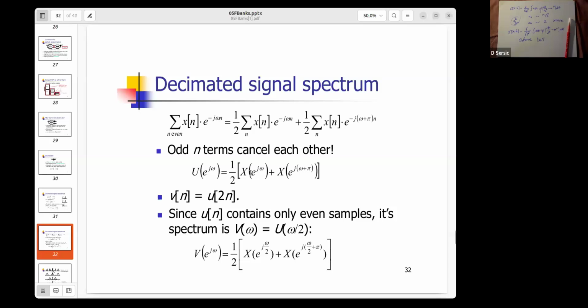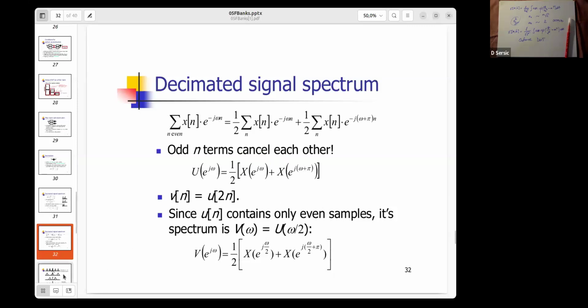One effect is that beside the normal term, we have what we will call the aliasing term, the term where the original spectrum is shifted. So you have to add them together. And finally, you have to divide omega by 2 if you want to throw away the odd samples.